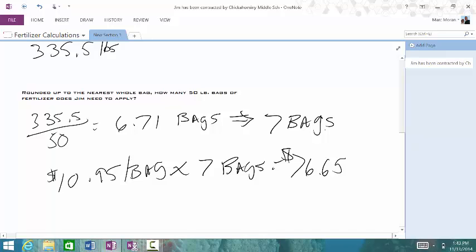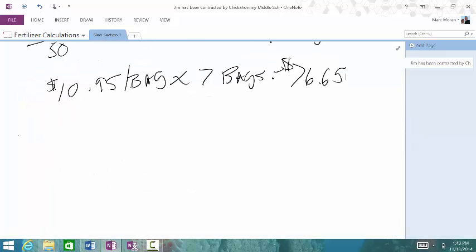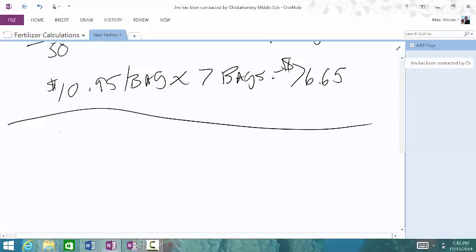Now, if I had a recommended rate of 1.5 pounds, okay, and I was still using the same 10-18-10, so 1.5 pounds of N needs to be the recommended rate. That would be 1.5 over 0.10.